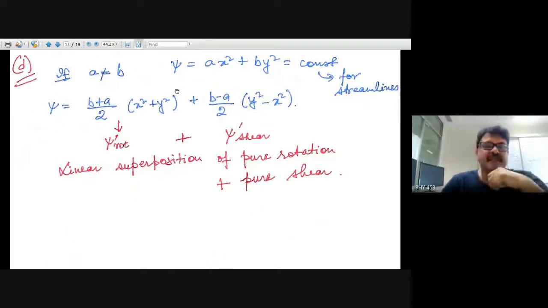So in this case, I ask you to check that you can write this as x square plus y square. So this was the streamline. If you remember, for the rotational flow, this can be written as a shear flow, right? You can check it out.